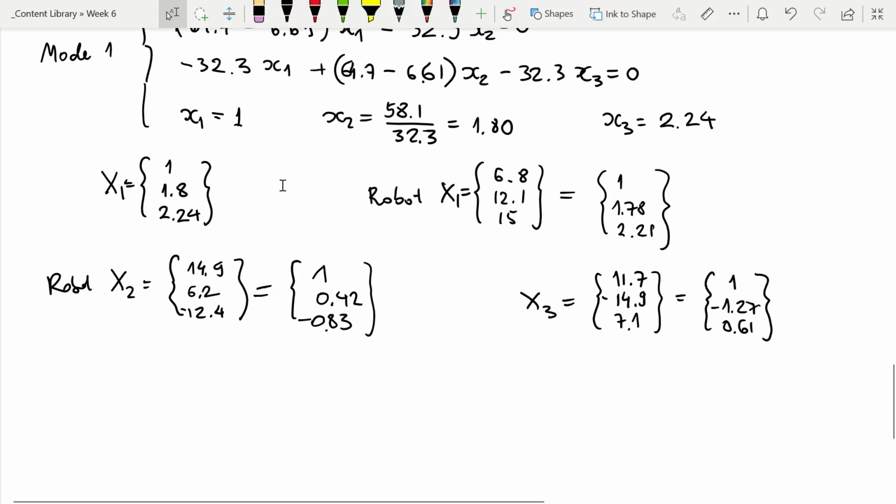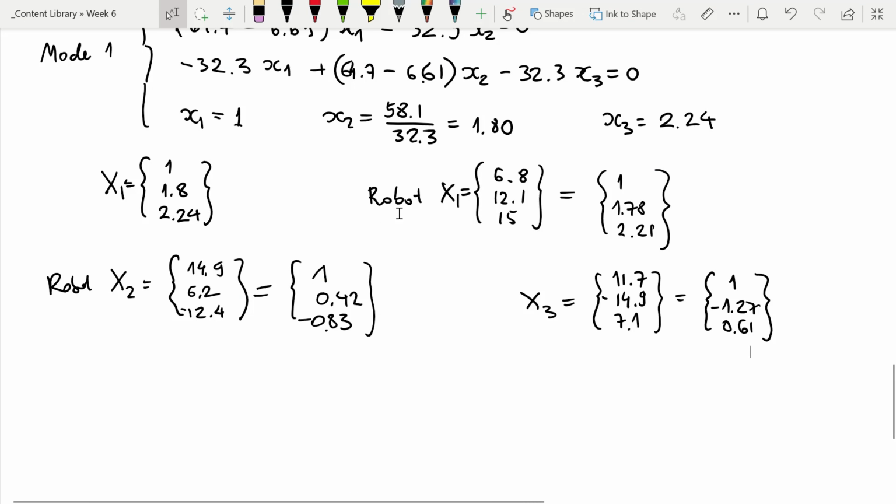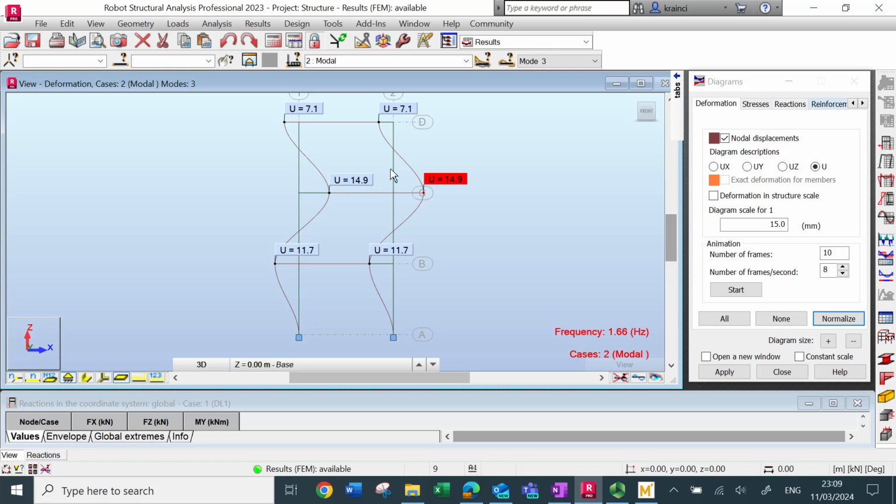And that can be checked by hand calculations. So in robot, this is how we could do this analysis.